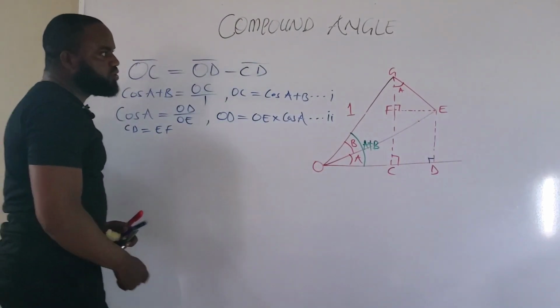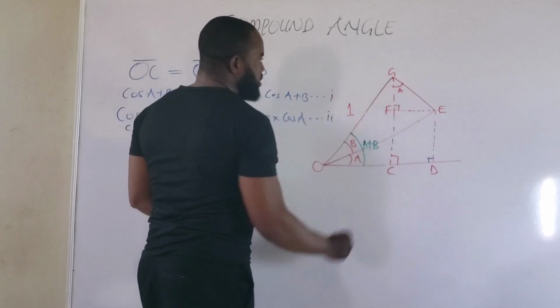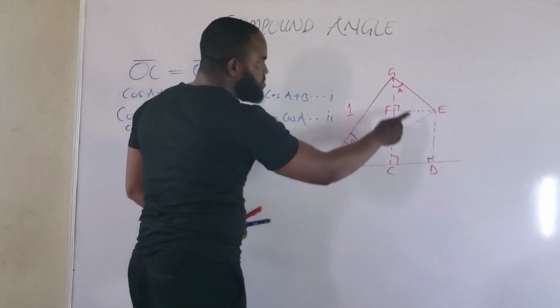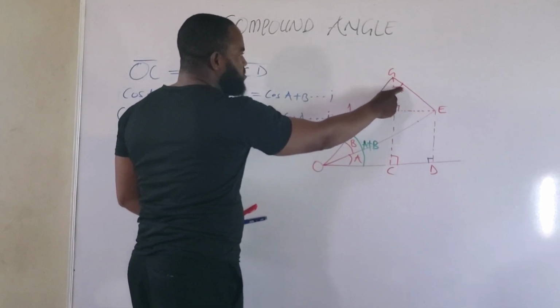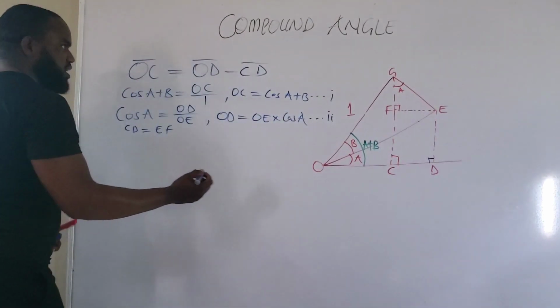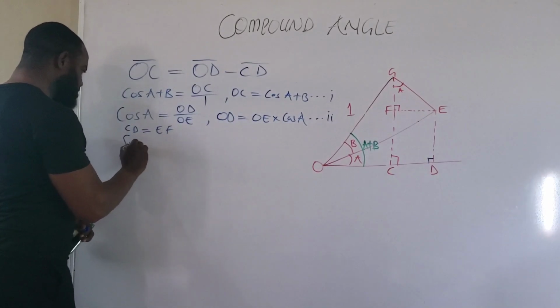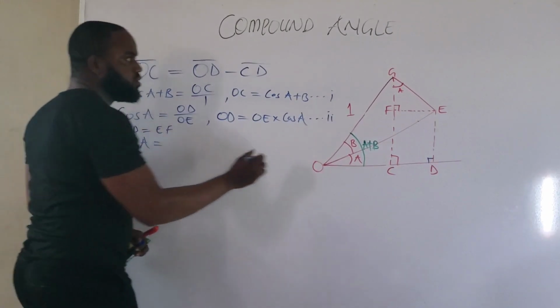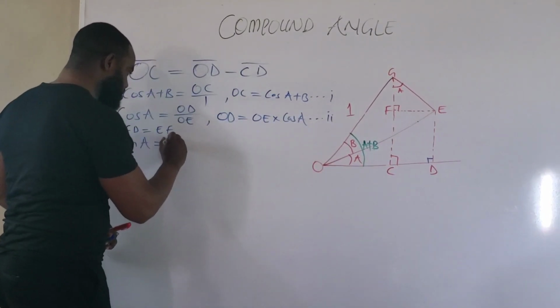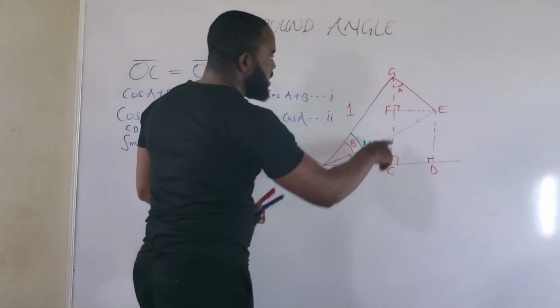Now you will notice that the line EF is a part of the triangle EFG. Can we have a statement that involves angle A and EF? Yes. EF is opposite to A. So sine of A is equal to EF all over the hypotenuse.